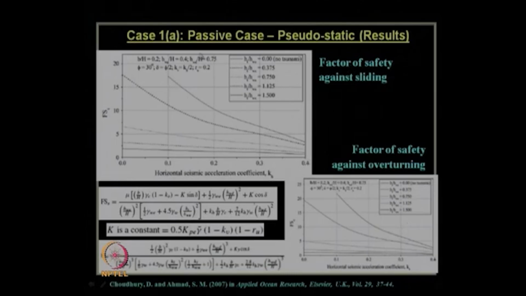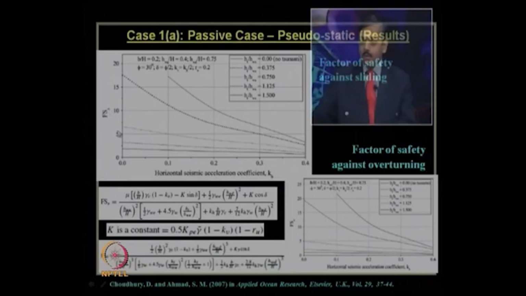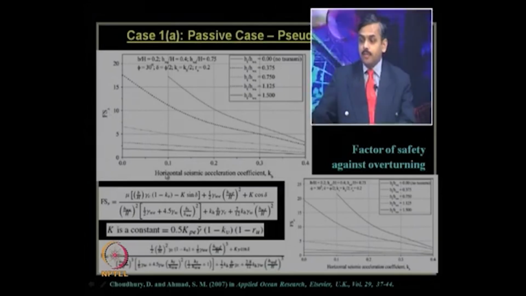So, this figure shows the factor of safety value against sliding, FSS, with respect to various values of horizontal seismic acceleration coefficient kh for a given value of B by H ratio, HW by H ratio, HWD by H ratio, phi value, delta value, kV value and Ru value.